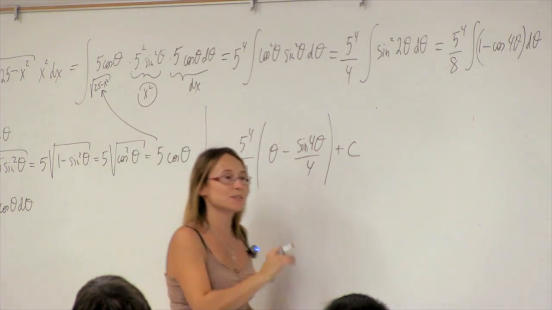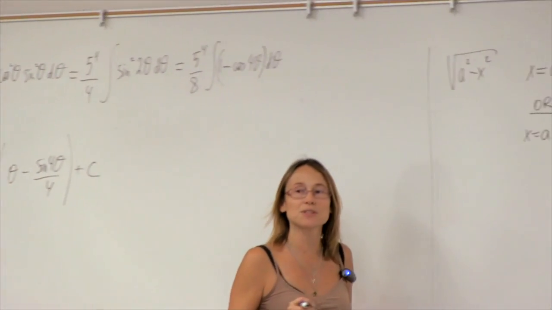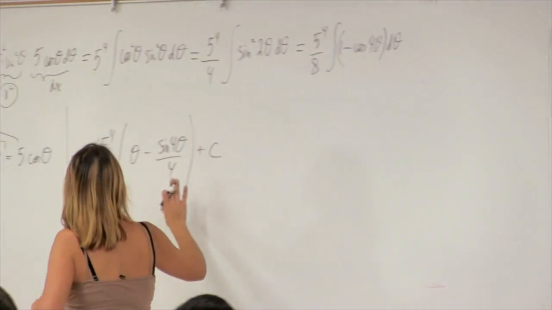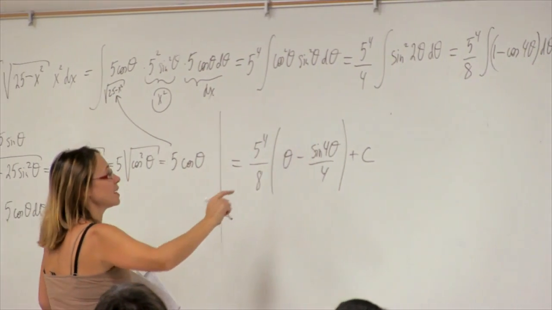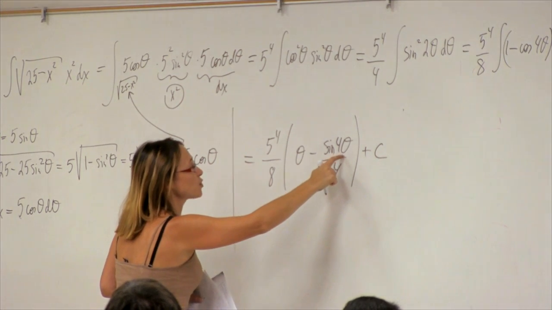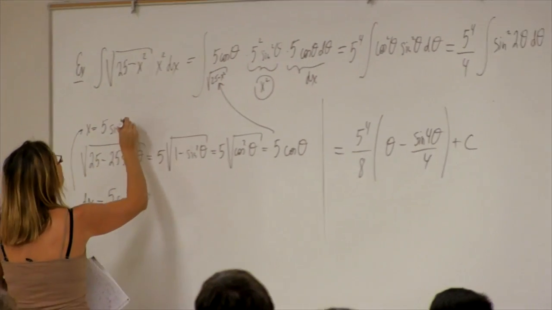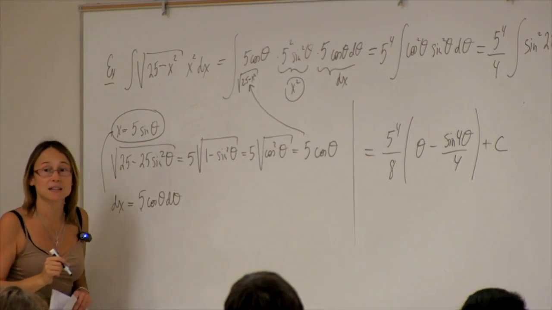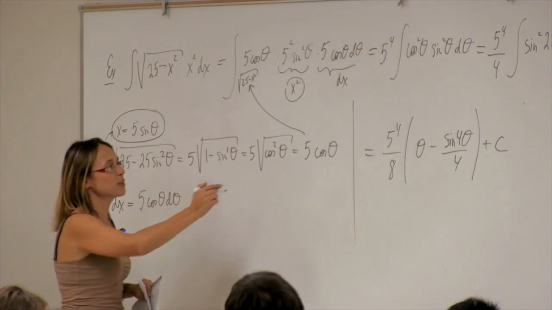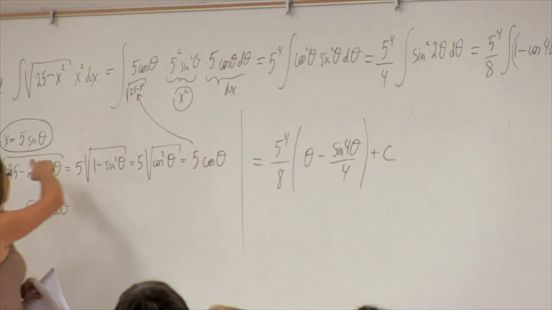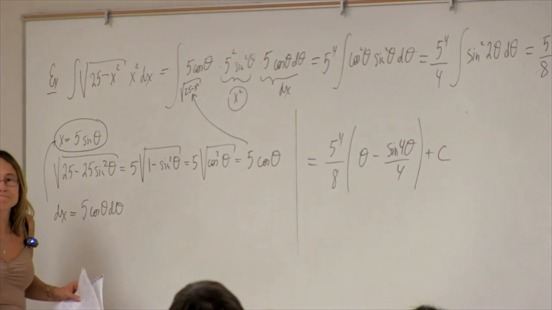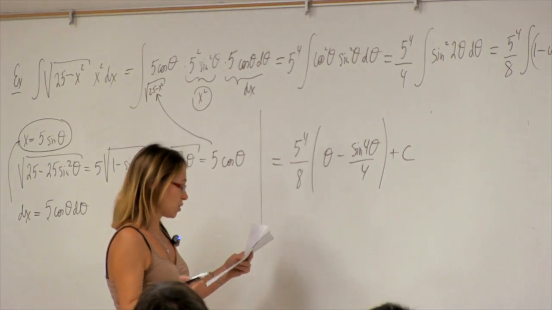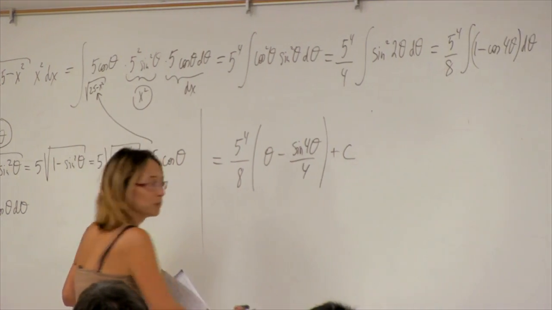So here, with these trigonometric substitutions, sometimes this is a hard step to take. With regular substitutions, this is very easy. But here, you see, the problem is that here I know sine 4 theta. And the definition of my substitution involves sine of theta. So how do I express sine 4 theta in terms of x? It's not, so I could use arcsine. So let's play with this a little bit.